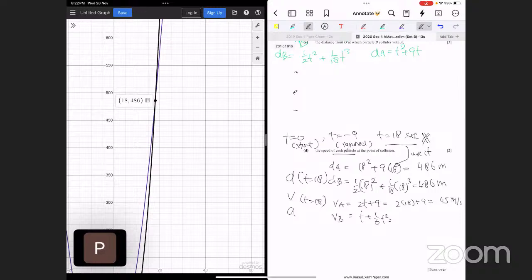Now, everybody else, please tell me the velocity B. Will it be the same? Will it be different? Just tell me the answer. Use your calculator.